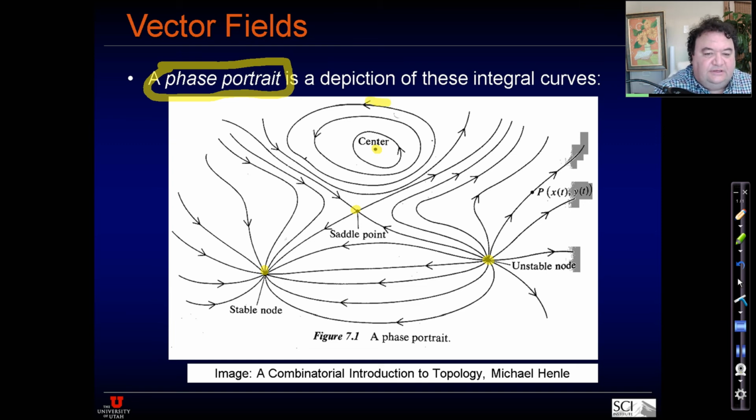So if there is a center, there is a bundle of streamlines that rotate around the center, while if there is a saddle point, there are two main directions that separate flows on one side and the other. So you have basically four regions of flows that don't mix with each other. And then there could be stable or unstable nodes, or effectively sources and sinks, or destinations of the flow itself. Overall, with a relatively small number of brush strokes, one can give a very detailed and very reliable idea of how the flow evolved.